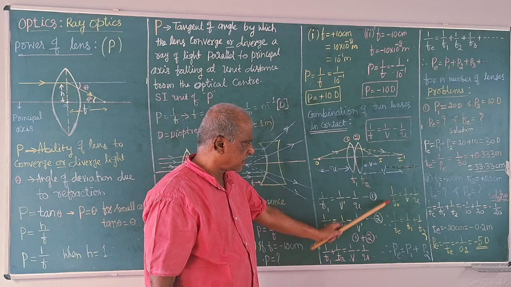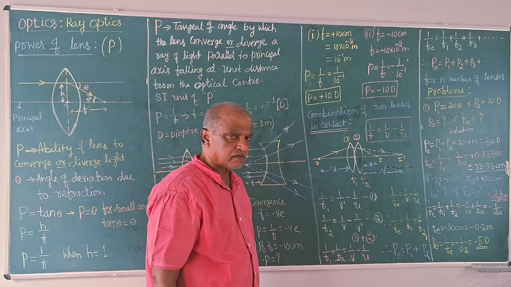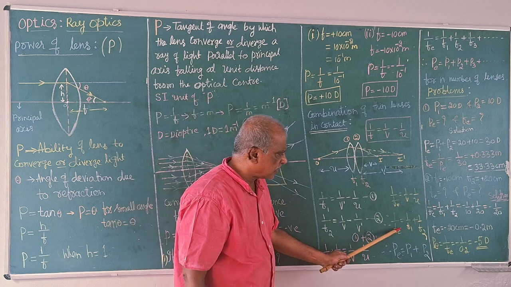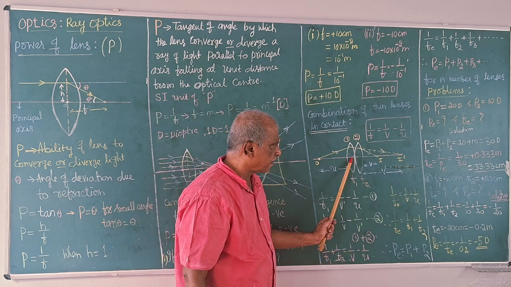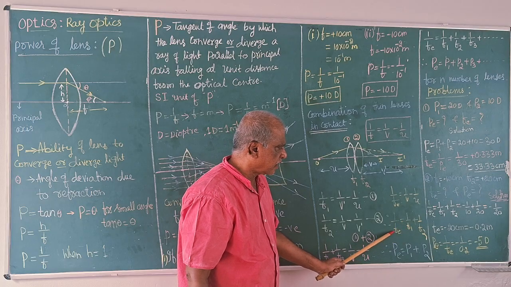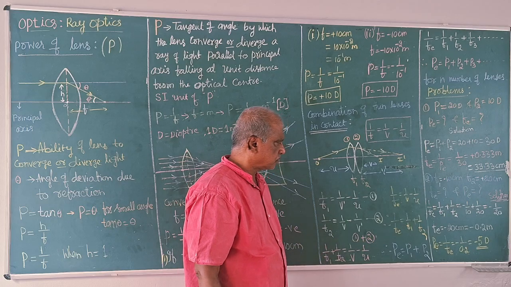That is left hand side equals left hand side. This is the equation we get for the focal length of the combination, individual focal lengths and the combined effective focal length, here FE.